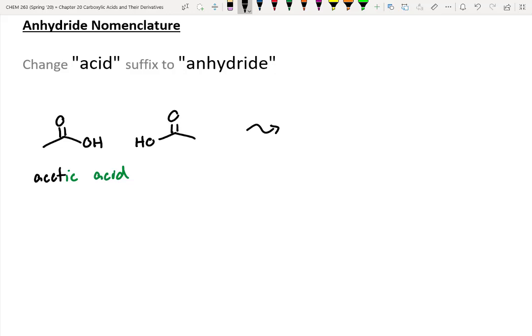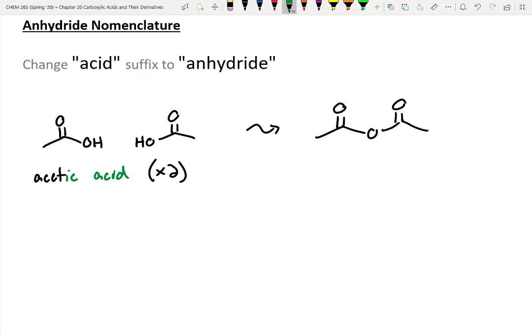So I'm actually going to draw it like this, and I'm just going to say acetic acid times 2, right? Both of these compounds are acetic acid. So I've got two of these, and I'm going to mush them together into one linked system.